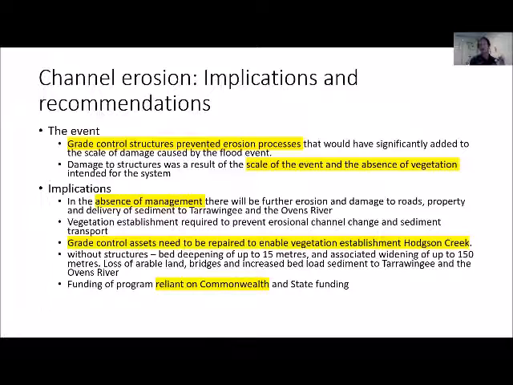So what I'm trying to say is that we are batting hard. We're not the only CMA across Victoria who is undergoing the same process. At least half of the CMAs across Victoria are facing similar problems to what the Hodgson Creek community is in terms of trying to get funding for rock chutes or grade control assets, because we're not funded anymore by the state government for those things.